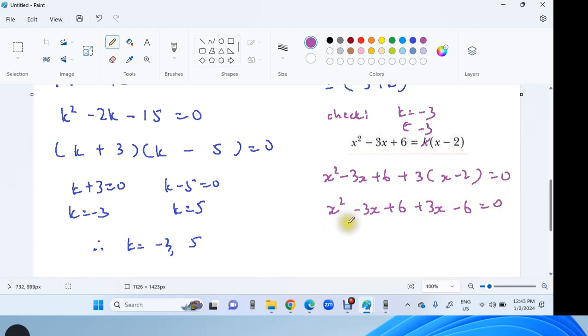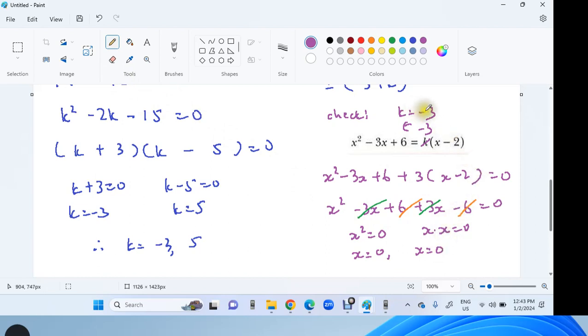Then we have x squared equal to 0, so x equal to 0. And x equal to 0 two times: x equal to 0, x equal to 0, because x squared equal to 0 is x times x equal to 0. So two real and equal roots.